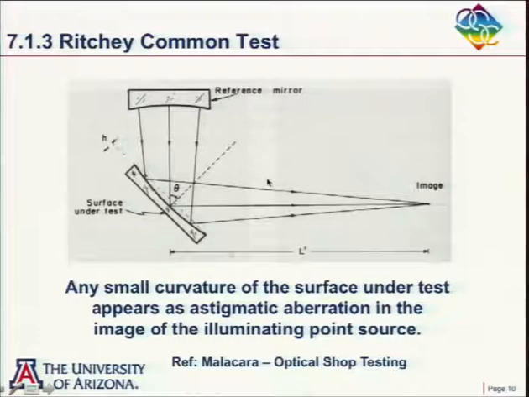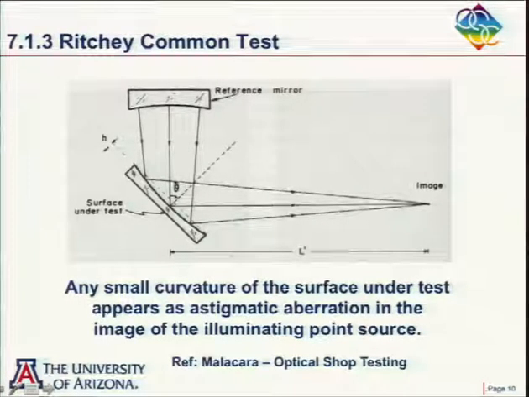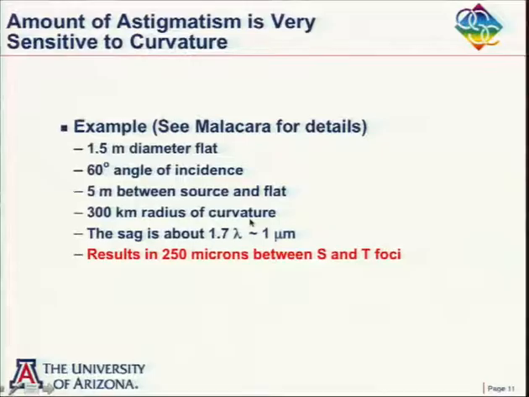But in any case, I'll give you some numbers in a second. This is a very sensitive test to determining whether this is a flat or if it's slightly curved. And just some numbers, which I got from Malacara's book.